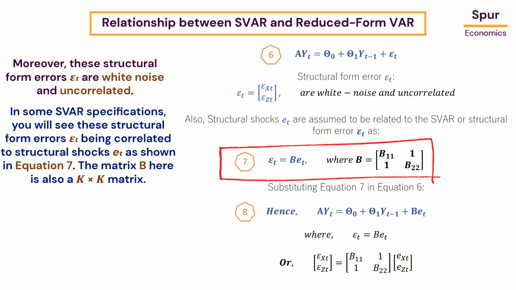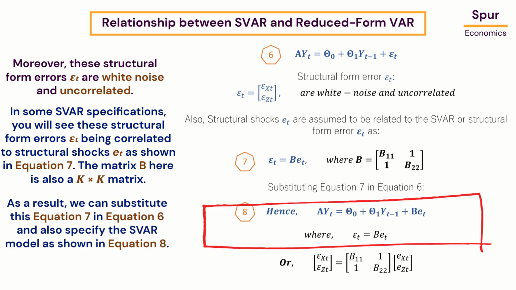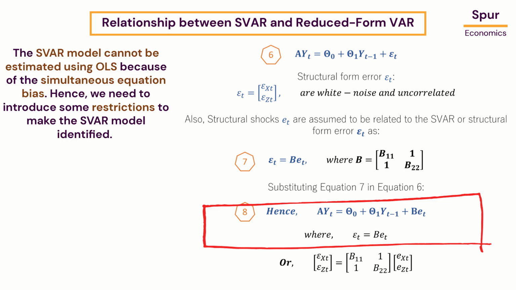In some SVAR specifications, you will see these structural form errors epsilon being related to structural shocks E as shown in equation 7. The matrix B here is also a k by k matrix. As a result, we can substitute this equation 7 in equation 6 and also specify the SVAR model as shown in equation 8.